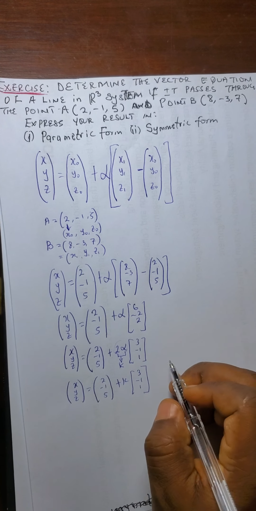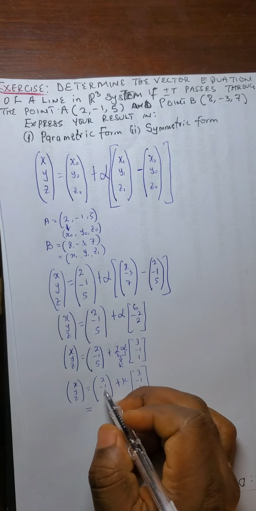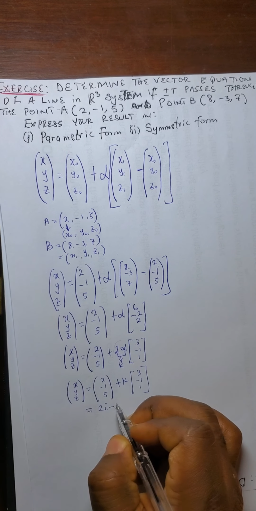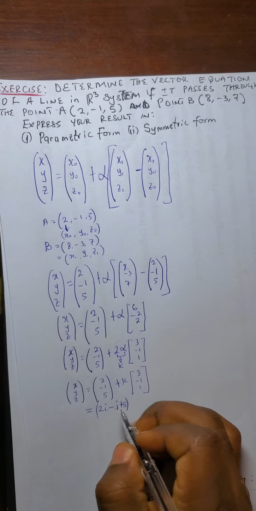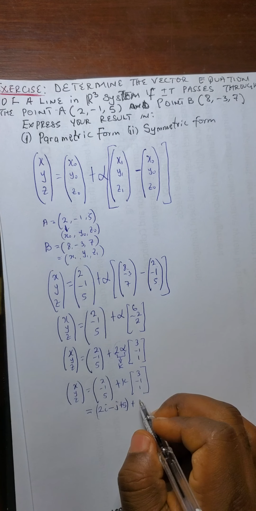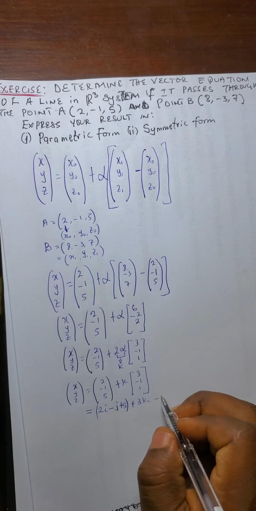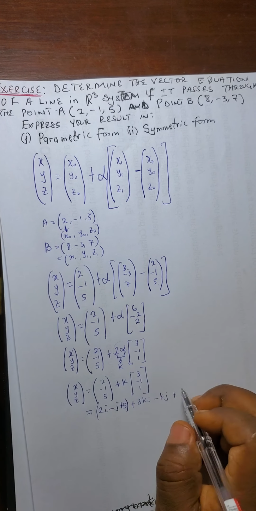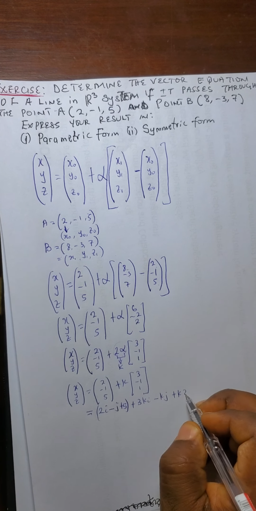And this expression can be written in rectangular form as 2i minus j, then plus 5, then plus 3ki minus kj plus 1 times k, that's k, plus kz.